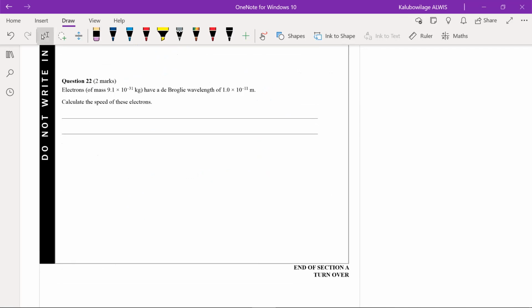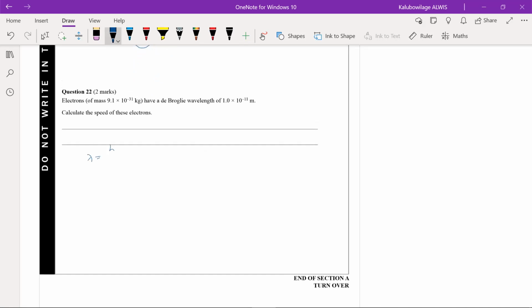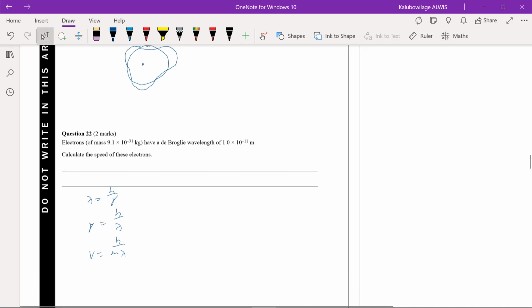Electrons of mass 9.1 times 10 to the power minus 31, find the de Broglie wavelength. Okay, so the de Broglie wavelength is h over p. p is h over lambda. v comes down to h over mass times lambda. h is 6.63 times 10 to the power minus 34.